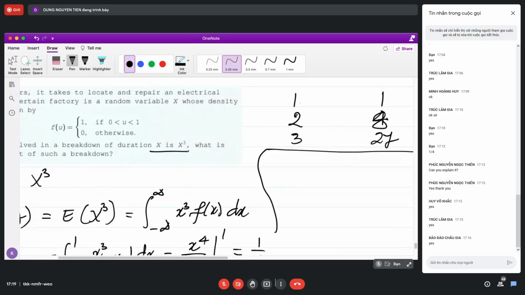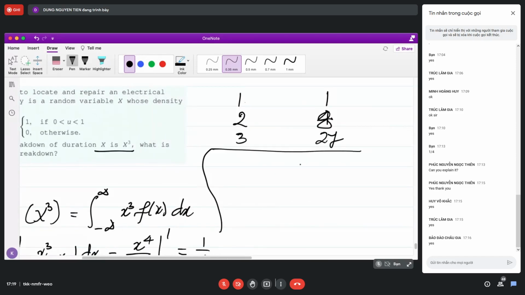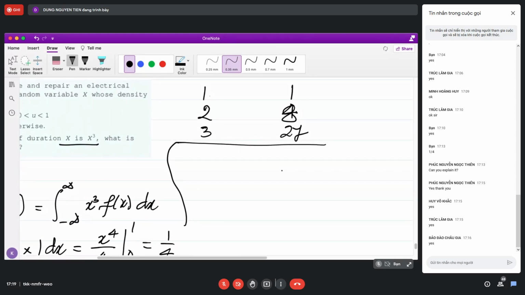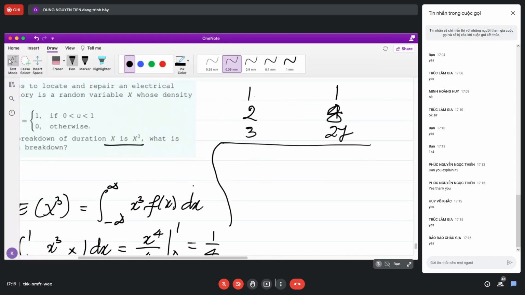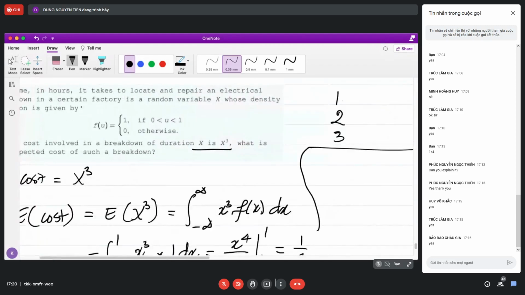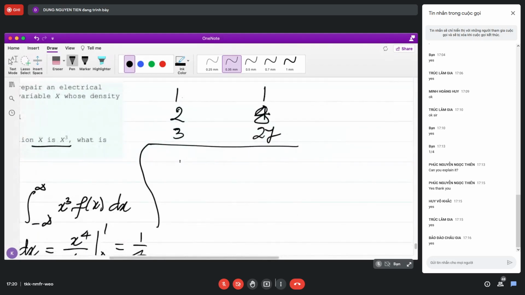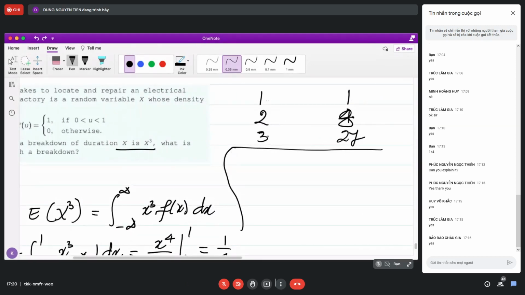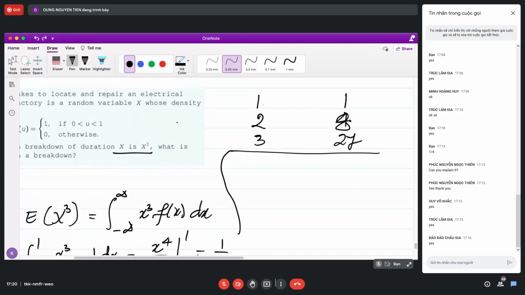Okay, so this is what you can see. This is the model you get, right? Now suppose that in the company there are many breakdowns like this one. In this case, U is between 0 and 1.